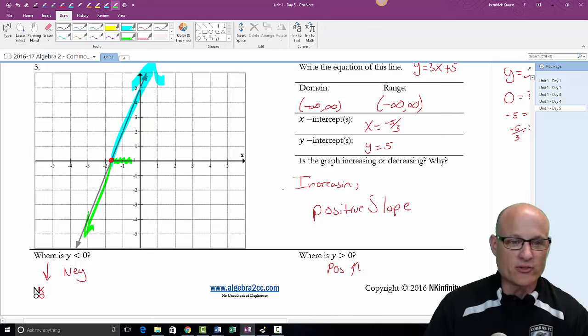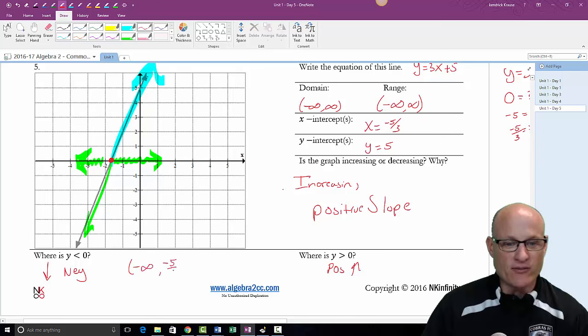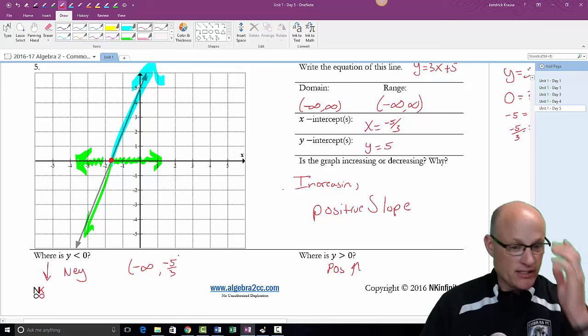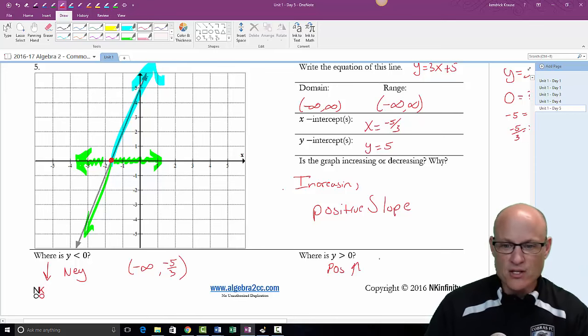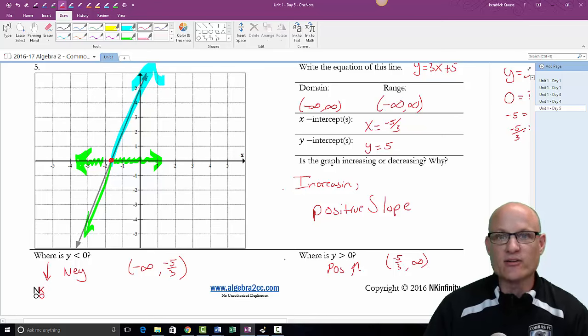So going in this direction, it's positive. Going in this direction, it's negative. So my answers are from negative infinity to negative 5 over 3, it is negative. From negative 5 over 3 to positive infinity, it is positive.